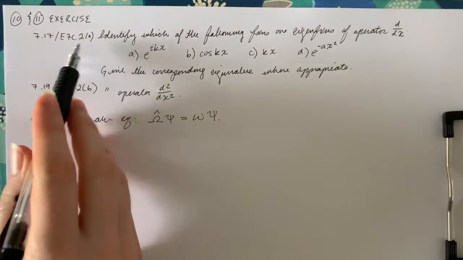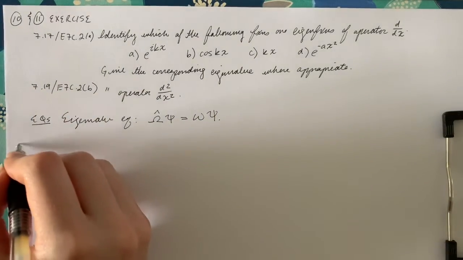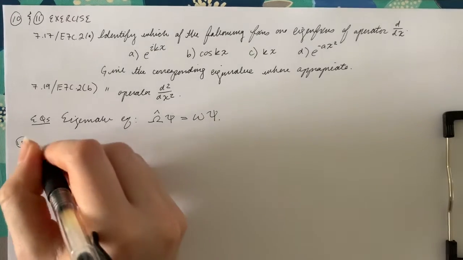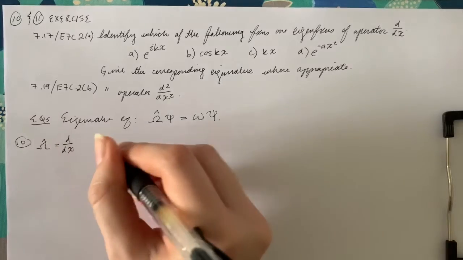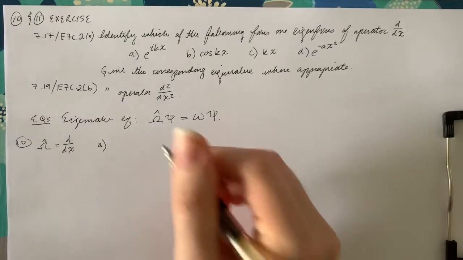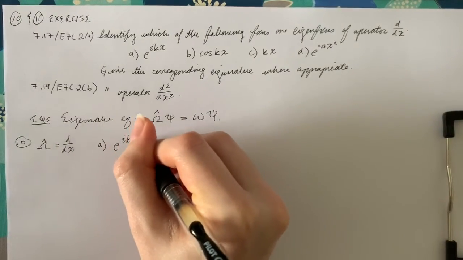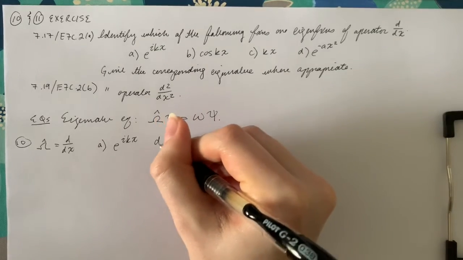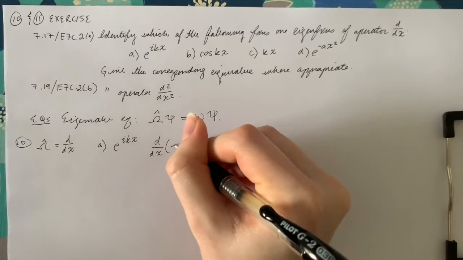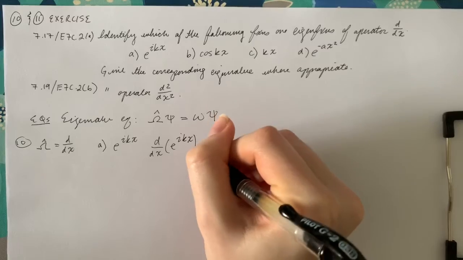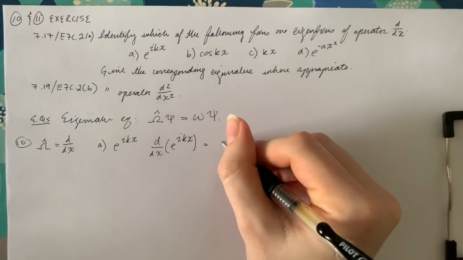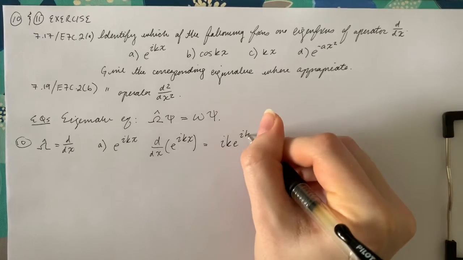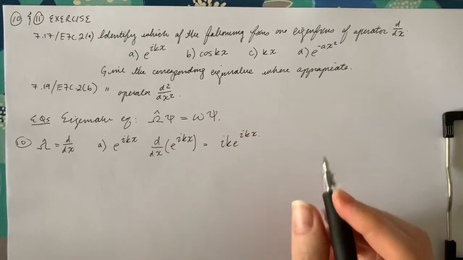So for number 10, which we can do first, since it's the first derivative, operator equals d over dx, we can start with the first function, e to the ikx. So taking the first derivative, for exponents, you just pull out what's in the top, and this is what we get.